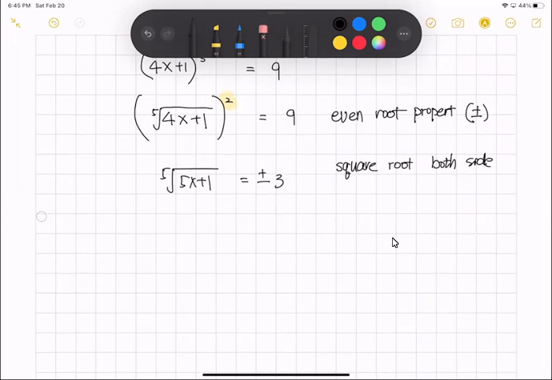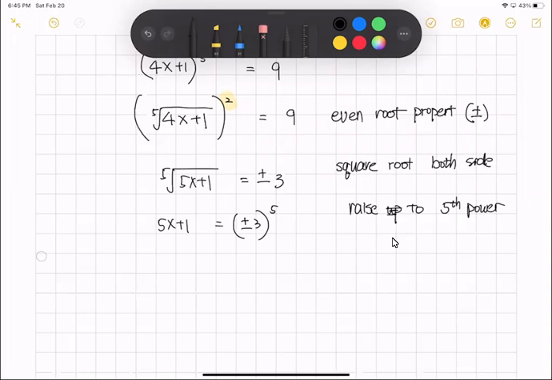Okay, so now I have a fifth root. How can I get rid of the fifth root? That's something that we just learned earlier. We raise to the fifth power on both sides. So I have 4x + 1 equals positive or negative 3 to the fifth power.